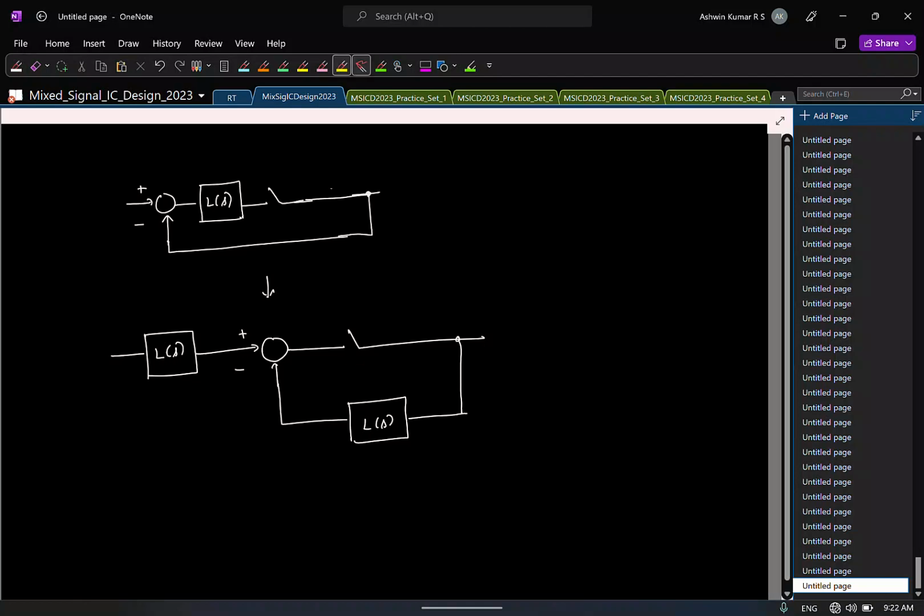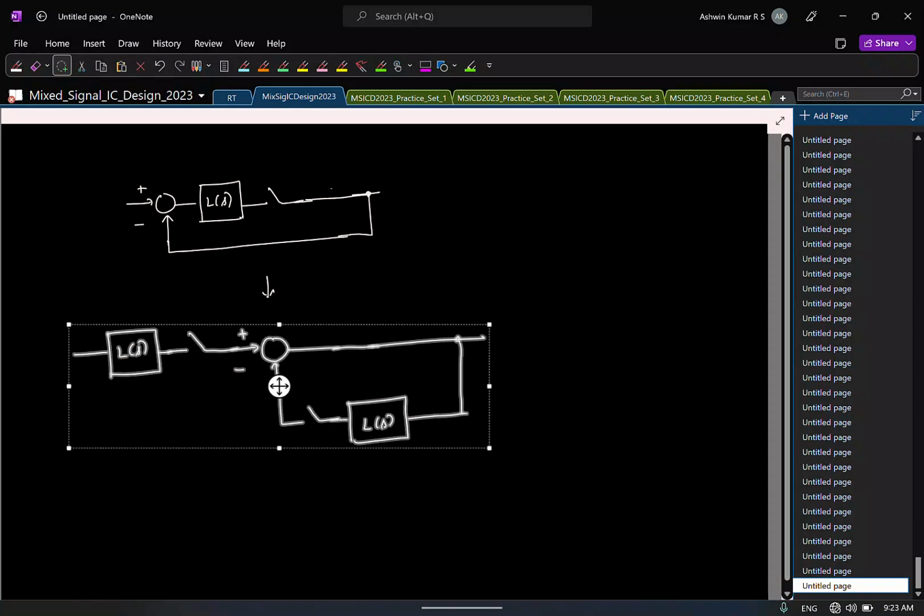So now the sampler is alone in the loop. I will also push it outside. So basically I'll have the sampler here and here, right? Fine. So this is the same thing I've redrawn differently.